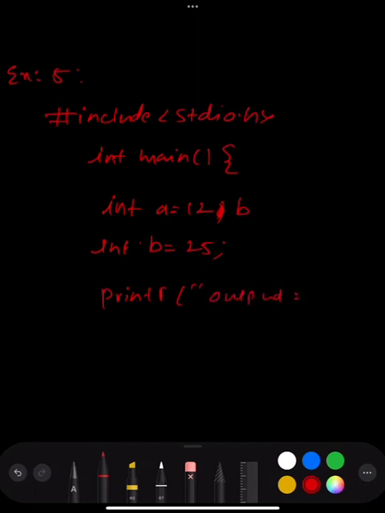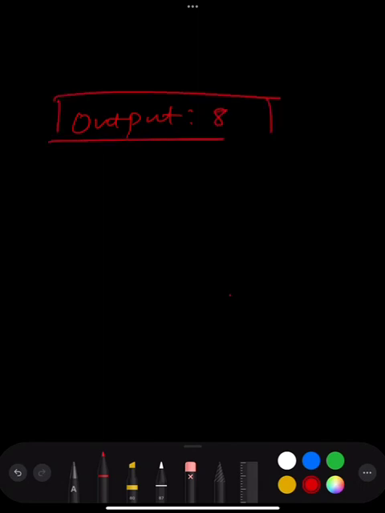Output is equal to %d, comma a and b. This is the operation we are using. Return 0. The output will be like this. Output is 8. Now we have completed the bitwise AND operator.